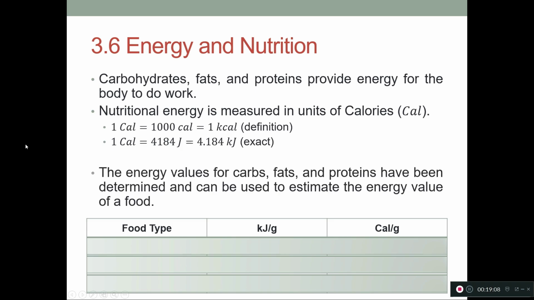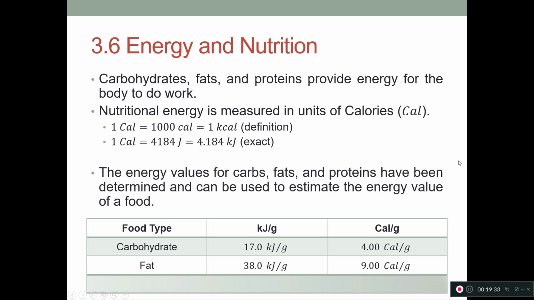And so the energy values for carbs, fats, and proteins have been determined and can be used to estimate the energy value of food. So carbohydrates has 17.0 kilojoules per gram, so we'll call that 4.00 capital C Calories per gram of carbohydrates. Fats, it's 9.00 capital C Calories per gram, and protein, it's 4.00 capital C Calories per gram.